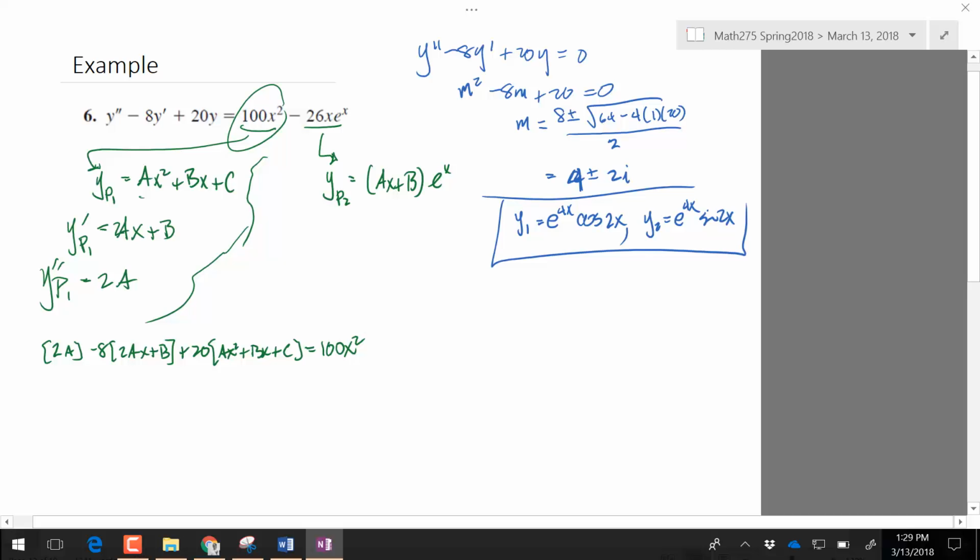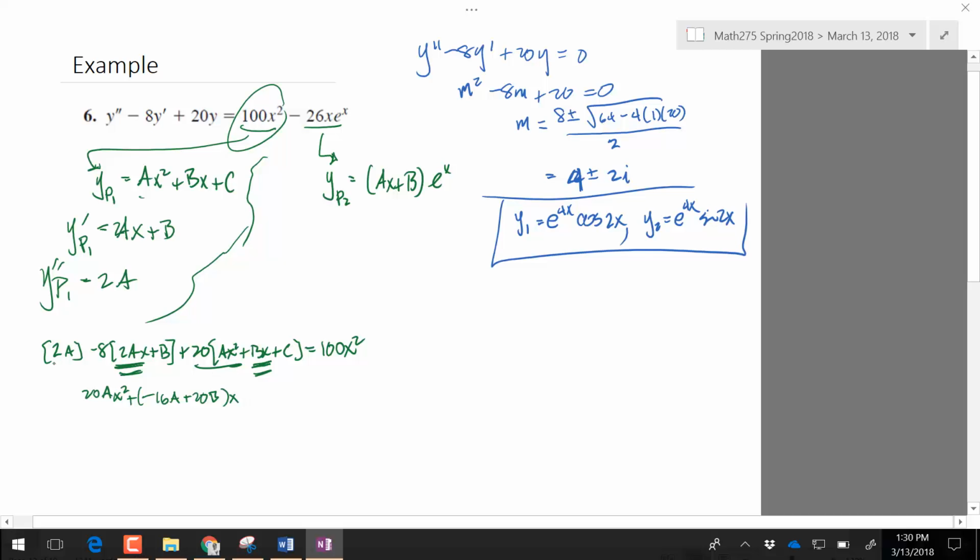All right, let's see if we can gather all the x's and the x squareds together. There's only one x squared here, so this is a 20ax squared. Now let's see if we can gather all the x terms together. So all the x terms together, there's a negative 16 times a and positive 20b times x.